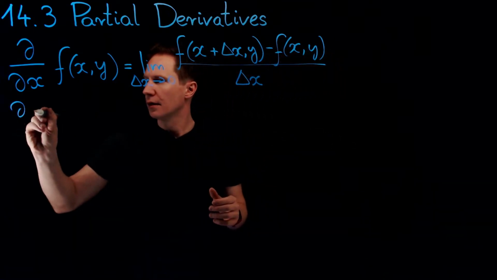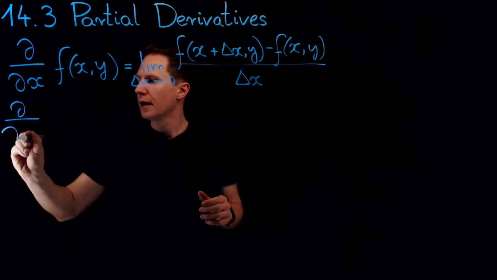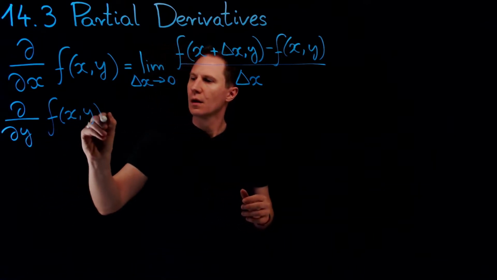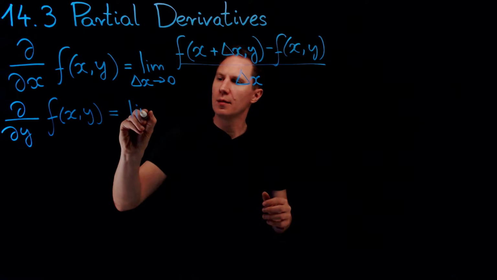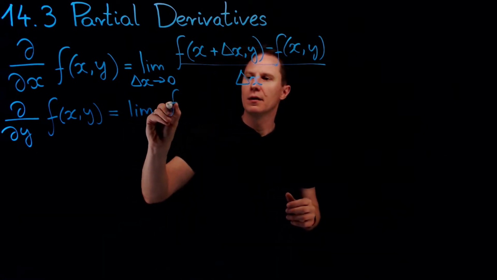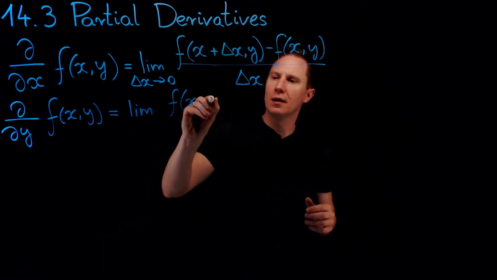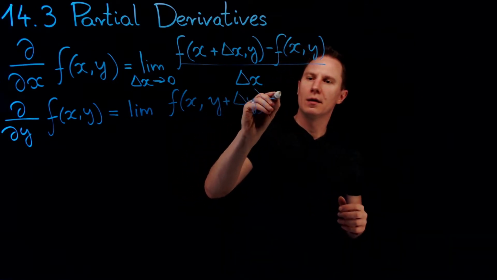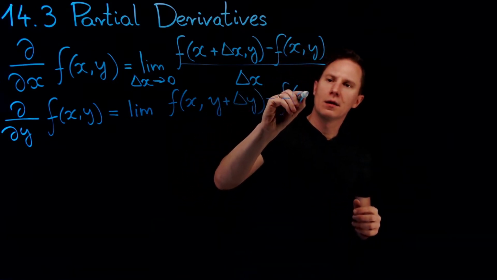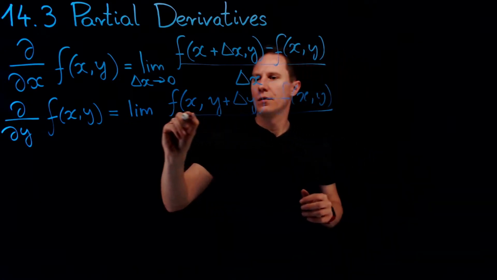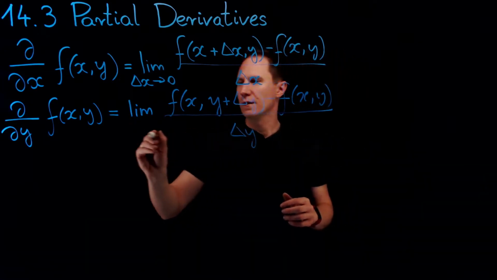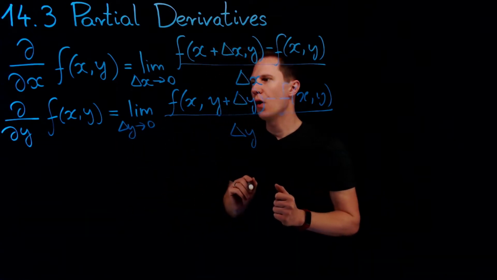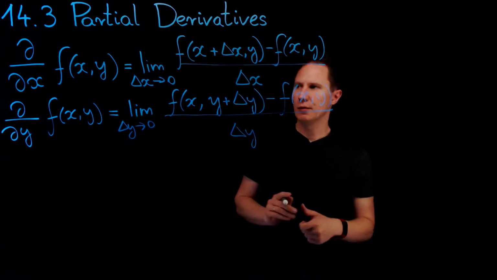Similarly, the partial derivative with respect to y is a similar limit, but there it's the y component or argument that we are nudging. So this limit is the definition of the y partial derivative.